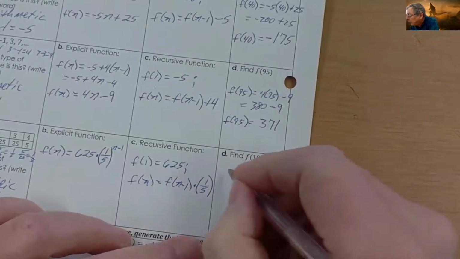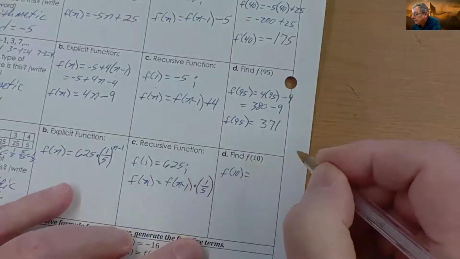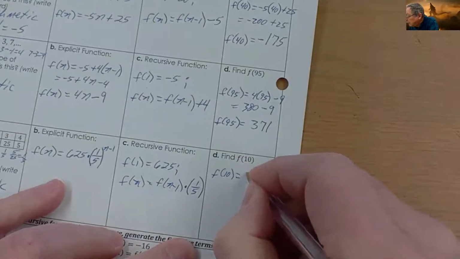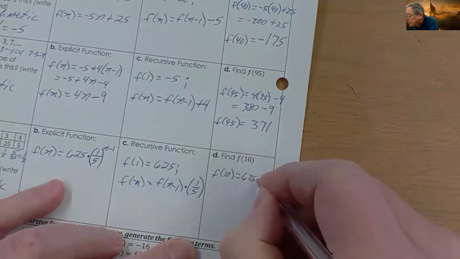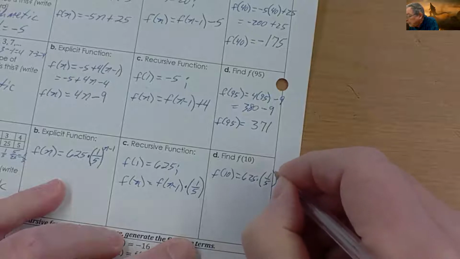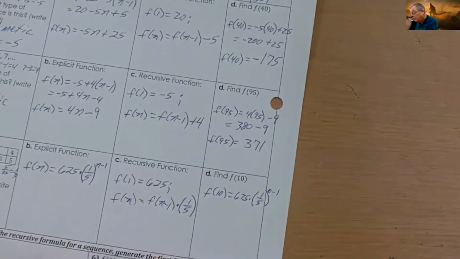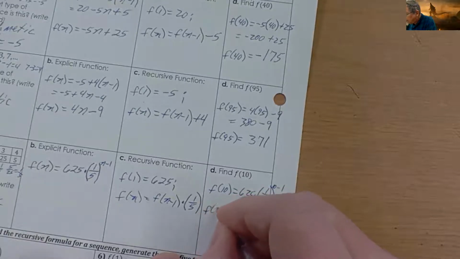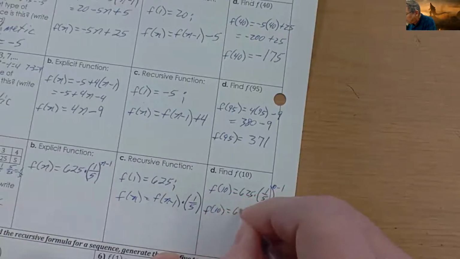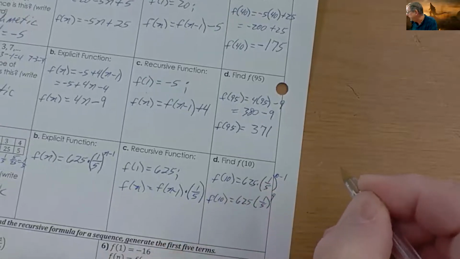Okay, now over here. 10th term, 625 times 1/5 to the 10 minus 1. So we have f of 10 equals 625 times 1/5 to the 9.